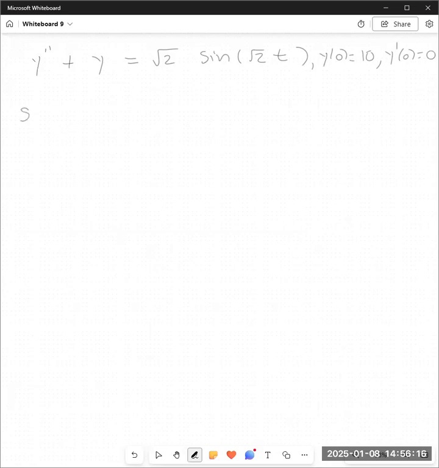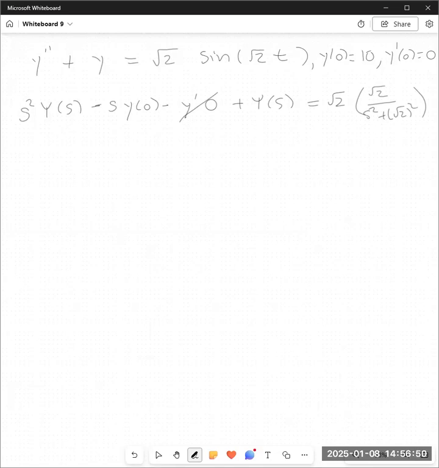So we have s squared capital Y of s minus s y of 0 minus y prime of 0 plus capital Y of s is equal to, this is going to be √2 times √2 over s squared plus √2 squared.